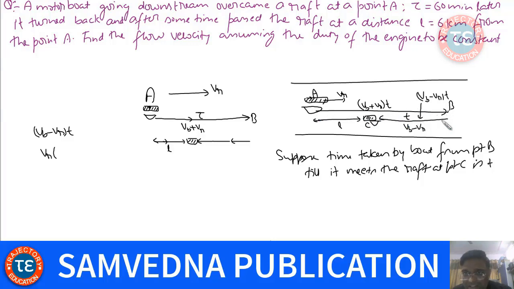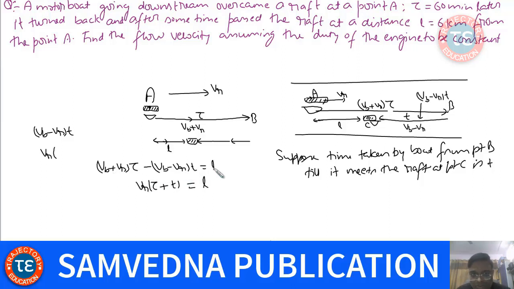So this distance minus this distance will be L, that is VB plus VR into tau, this time is given to you, minus VB minus VR into T is L. And during this time interval tau plus T, the raft moves a distance of L. The raft is moving at VR velocity, and the total distance traveled during this time by the raft is L. This is the displacement of the boat in tau plus T time.